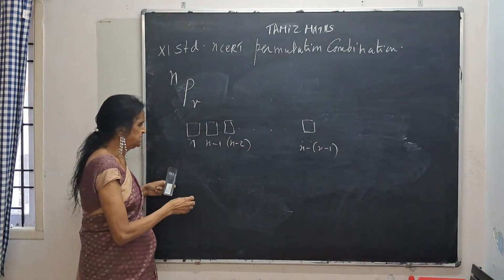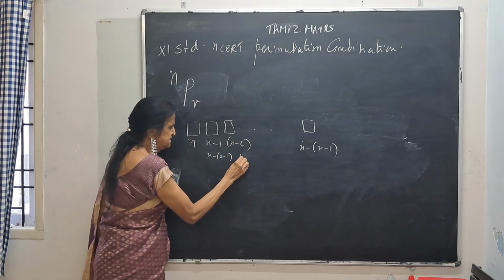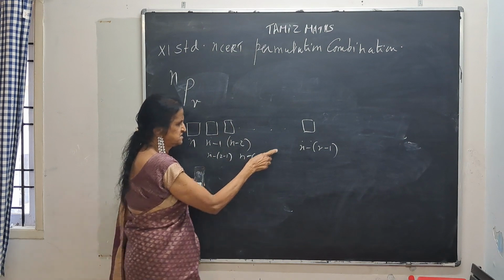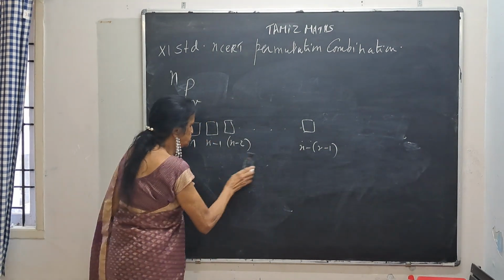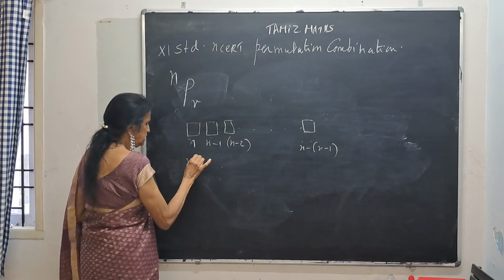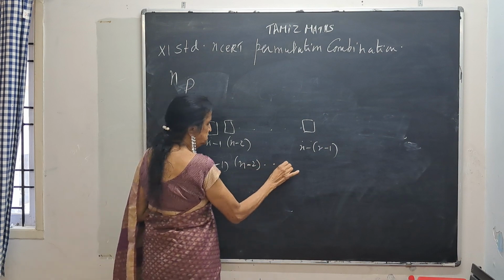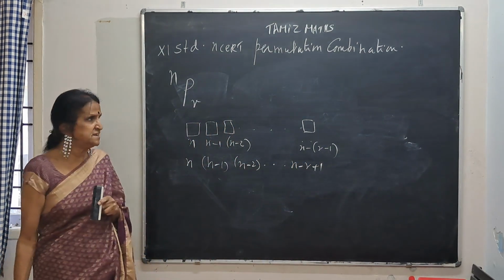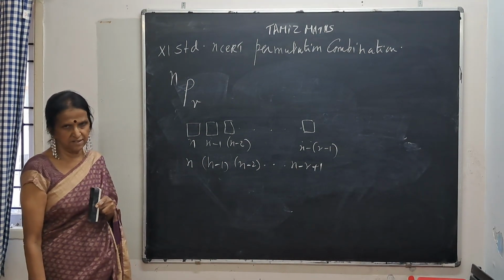I hope you understand. So now this will be n, n-1, n-2, up to n-r+1. So this will be the number of ways I can permute r things out of n different things.